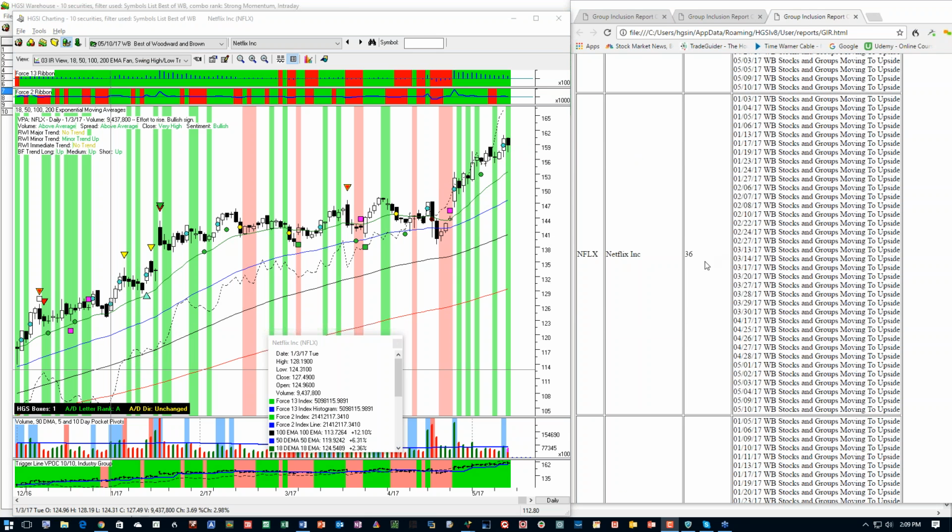Okay, let me do my last one, GIR, and I'm going to use the leaders, the raw combo smart group. Steven says, is there a reason the best of W&B is not in the GIR? I don't know what you mean, Steven.